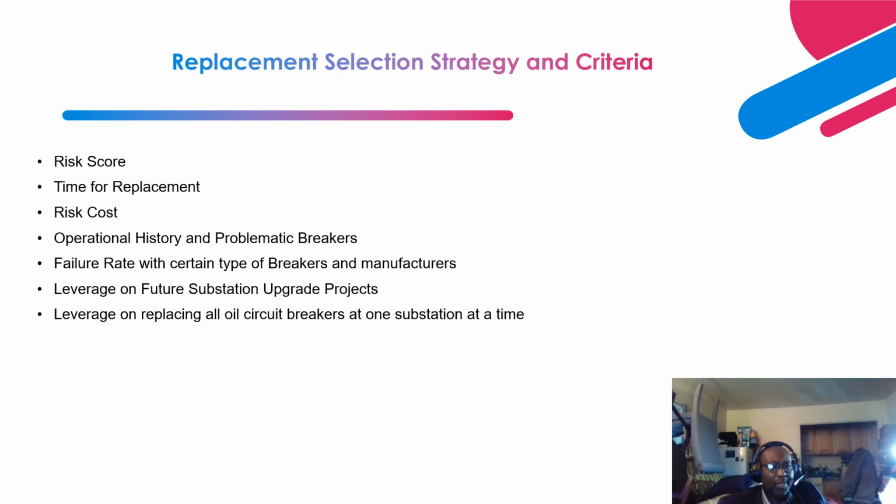So what you can do is leverage manpower and replace all those circuit breakers at a time, and that is much dependent on the amount of funds and availability of capital you have at that time. So replacing all those oil circuit breakers at one substation at a time can also be done, and that can save time and also improve the reliability and power security of the network.